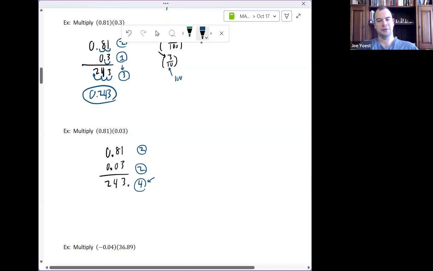I start here, 243, move my decimal point 1, 2, 3. I need to go another one. So I just put a little buffer 0. 243 is the same as 0 thousands and 2 hundreds and 4 tens and 3 ones, etc. So that gives me another place to move.